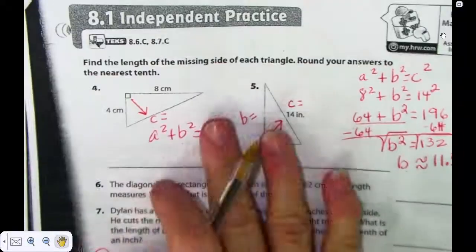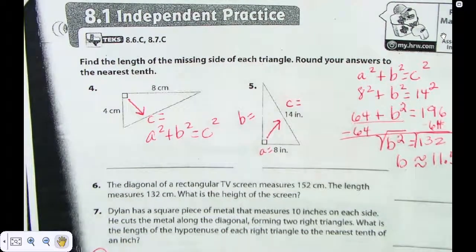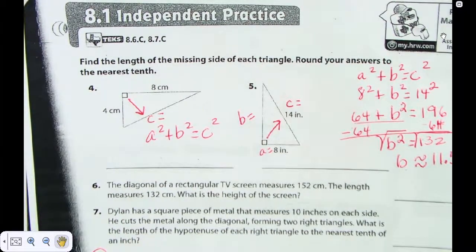What is this called? I want to hear. I just wanted to hear you say it. Pythagorean Theorem. It actually says how it's spelled. Pythagorean Theorem. When are you going to use this theorem? Welding, building, carpentry.